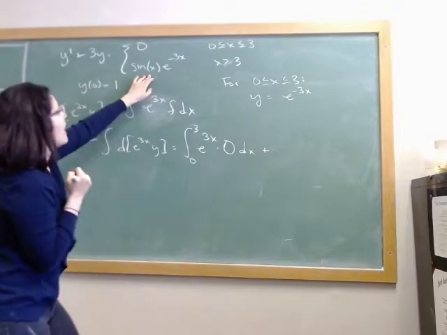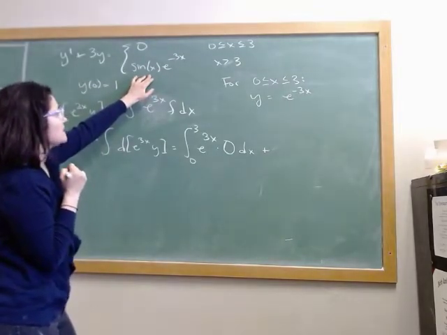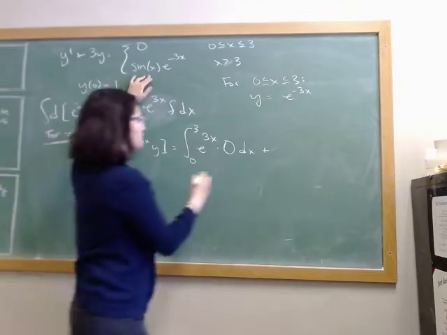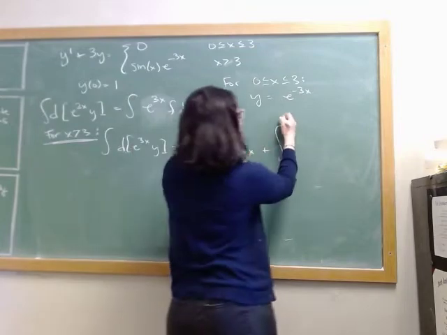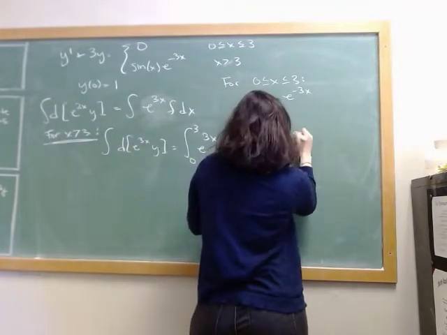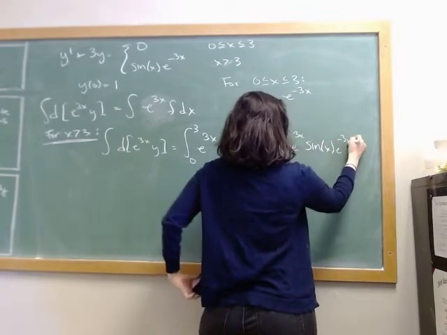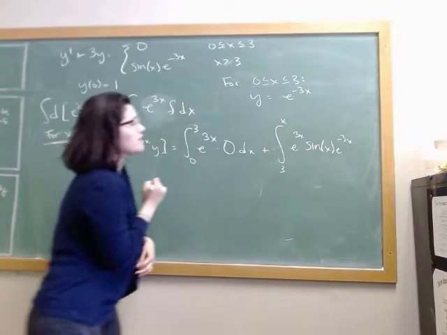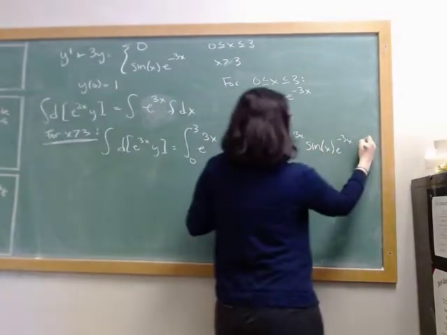And then after that, it spent time as sine of x e to the minus 3x. So after I pass 3 up to any random x value I want to reach, my f value is sine of x e to the minus 3x dx.